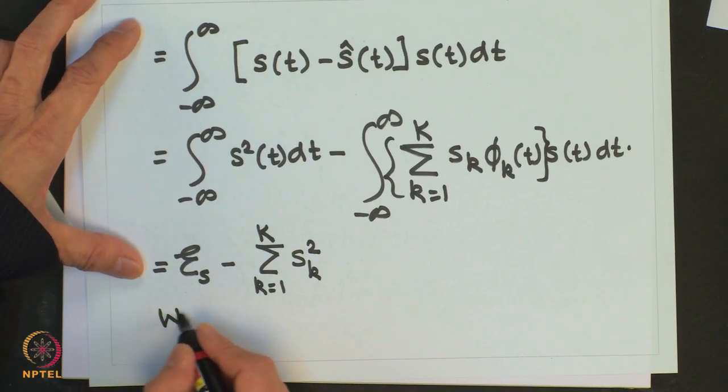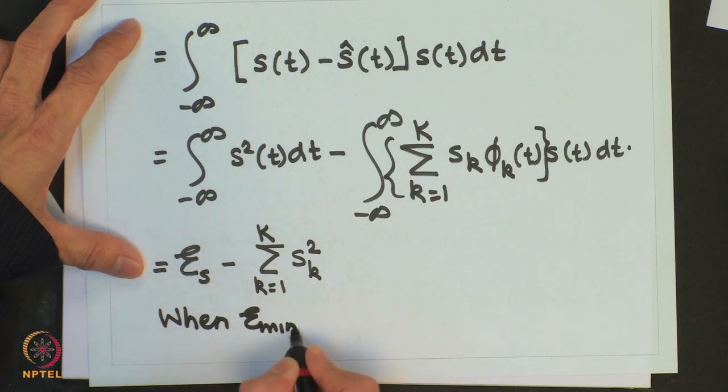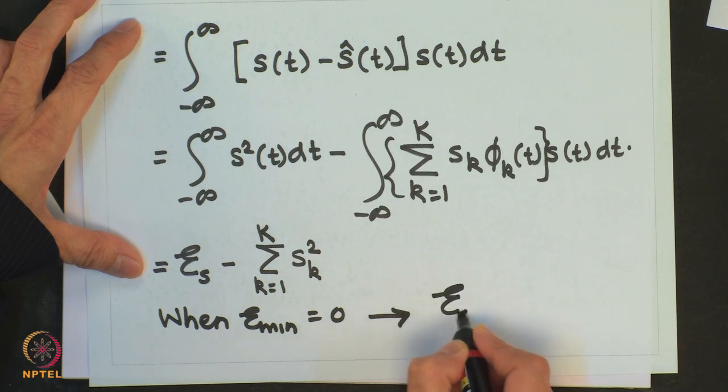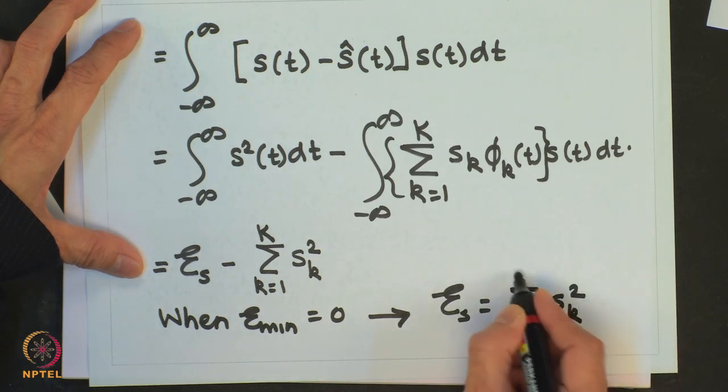So when E minimum is equal to 0, it implies that your E_s will be equal to this quantity.